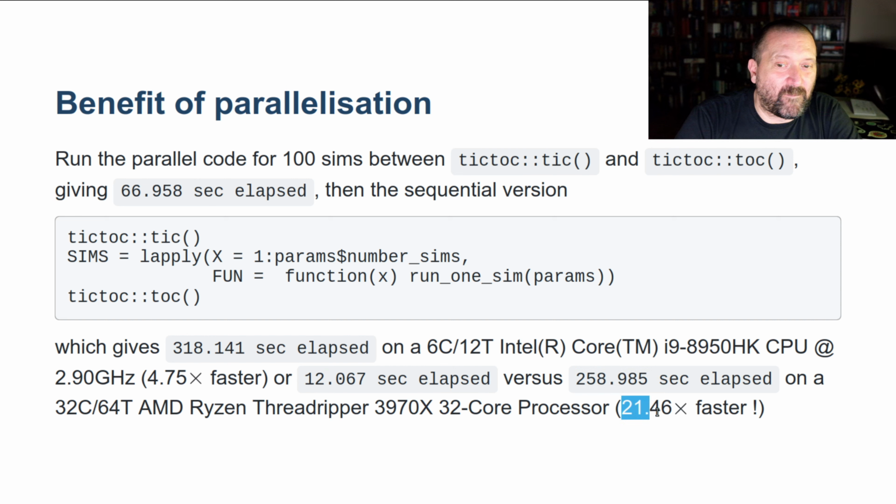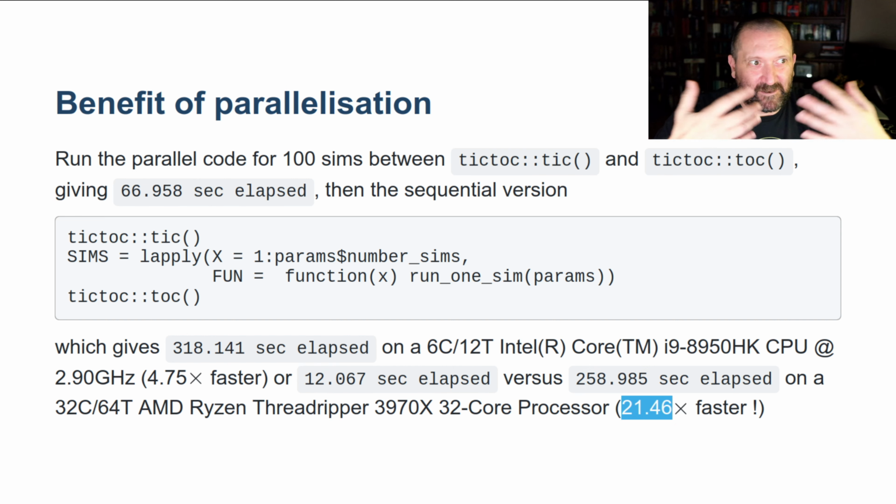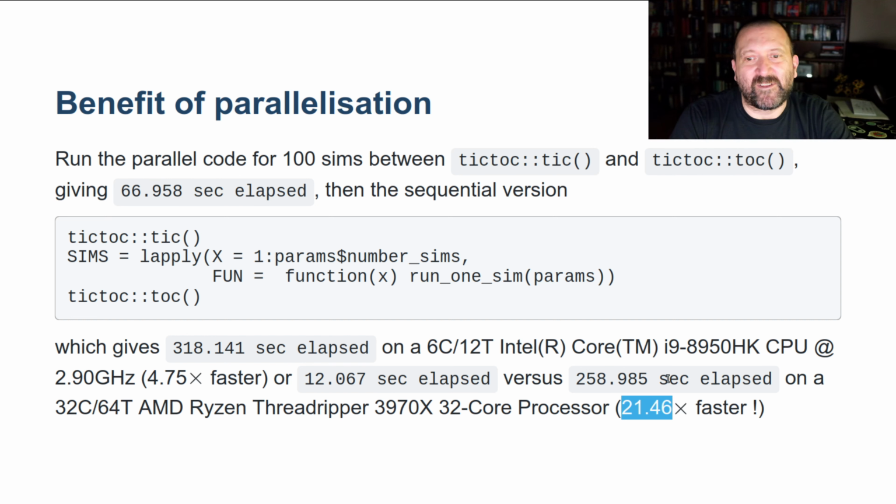So that is a factor of 21.5 times, which is a very substantial speed up. So imagine if you have to do that many times, running things. For instance, if you have code that takes a day to run, if you run it in parallel, it might take about an hour, which is a very substantial improvement over a day.